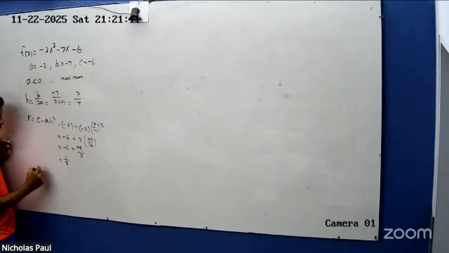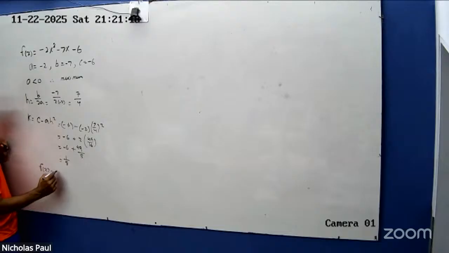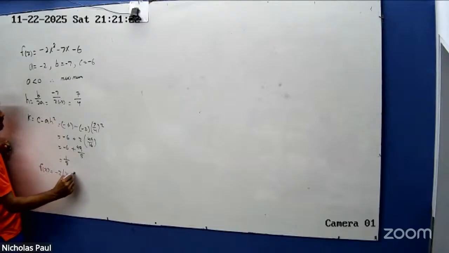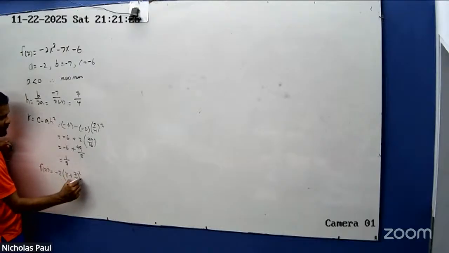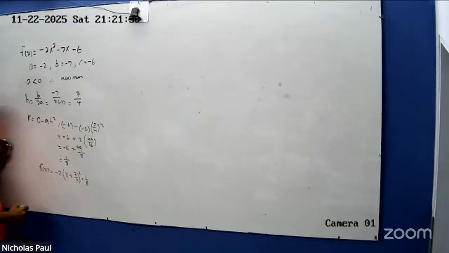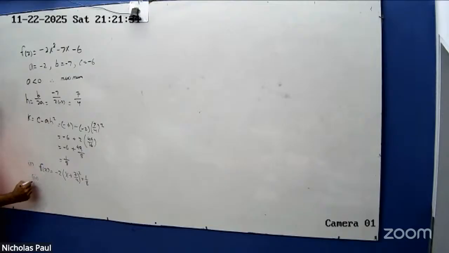So the first part they ask for is the complete square. When you complete the square, you would have gotten minus 2 by x plus 7 on 4 squared. That's part 1. Part 2, they ask for the max value.